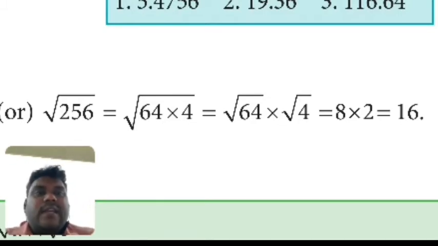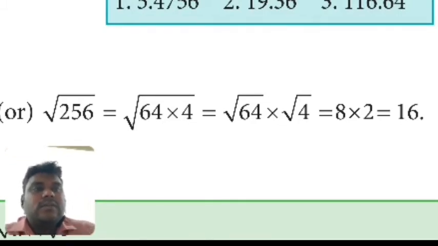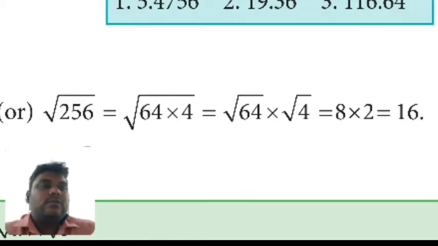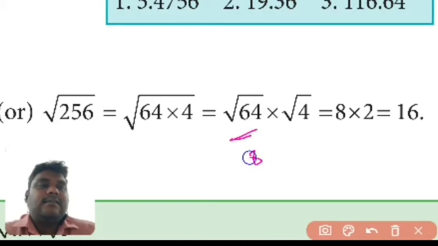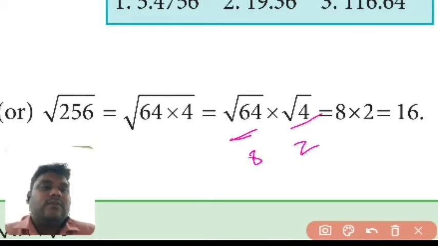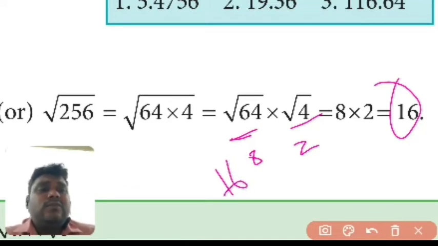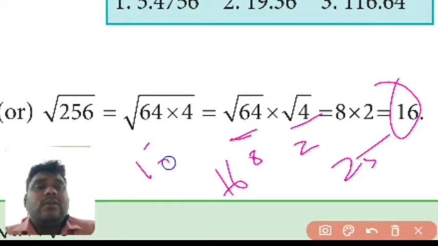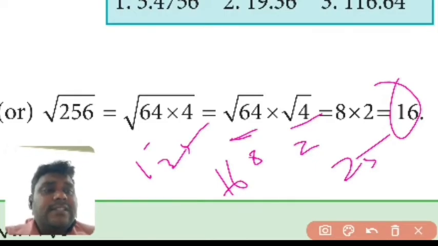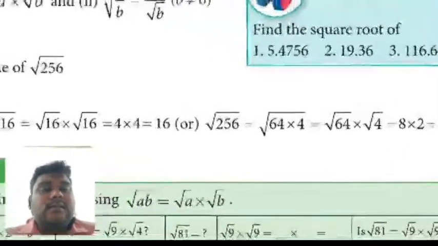Root 64 is 8, since 8 8s are 64, and root 4 is 2, since 2 2s are 4. So 8 2s are 16. We get the same value. Otherwise you know that 16 16s are 256, so you can directly put the answer: root 256 equals 16. Okay, it's a very easy one.